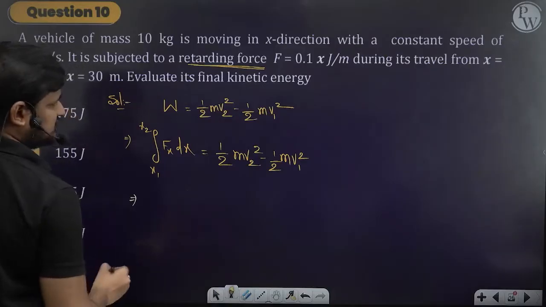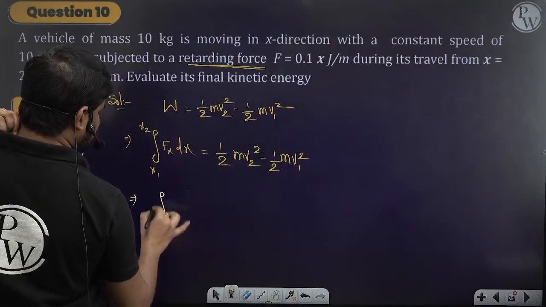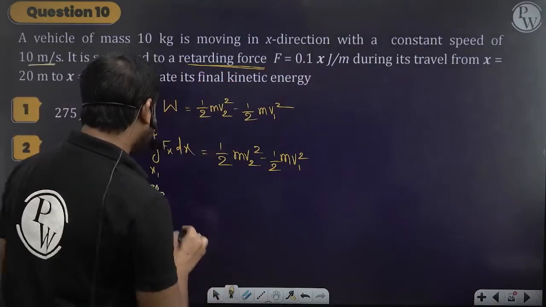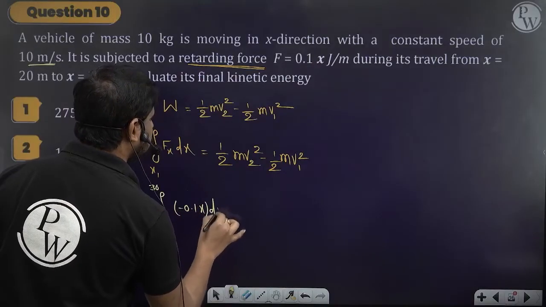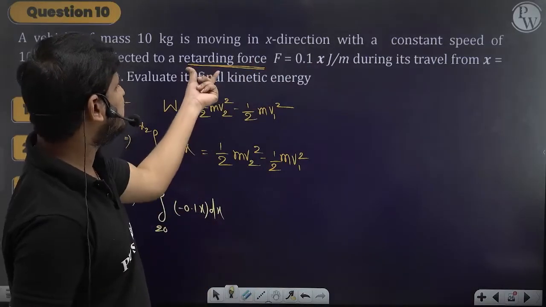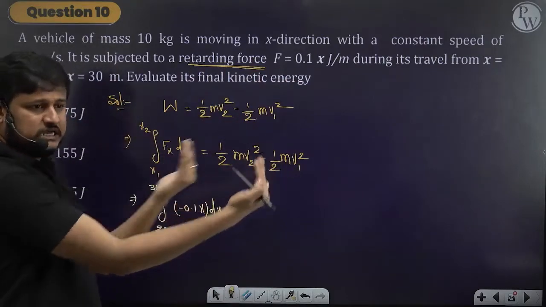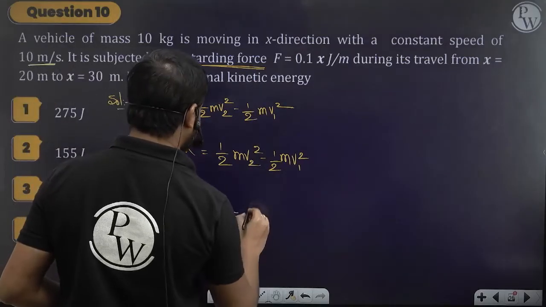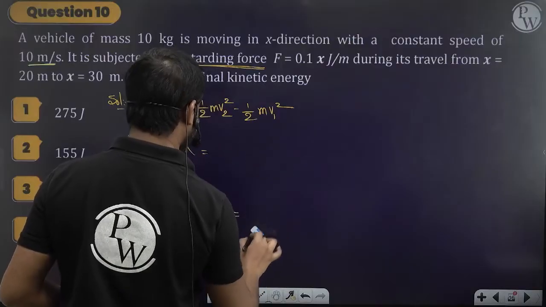So let's write the integration from x1 to x2, so it is 20 to 30. It's a retarding force, so I am taking the force as minus 0.1 x into dx. Don't take plus here, because they clearly mentioned a retarding force, which is acting backward. The object is moving to the right, so the force is acting to the left. So this equals final kinetic energy minus initial kinetic energy.